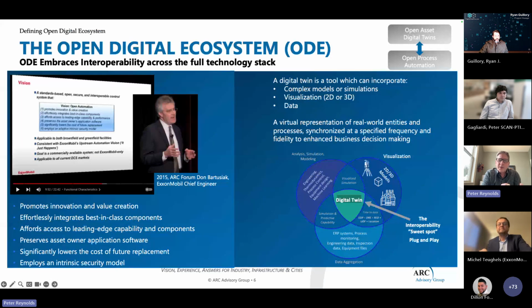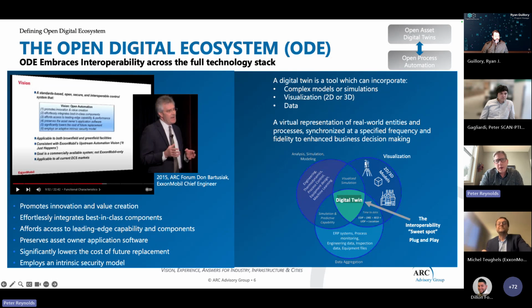I want to focus just a little bit on some definitions and where we started. On the left-hand side, what I would say about the open digital ecosystem is it embraces interoperability across the full technology stack.